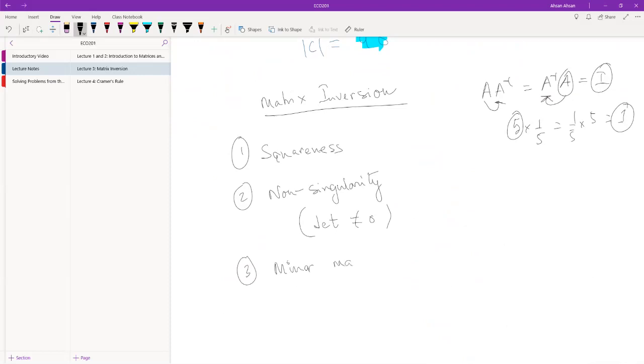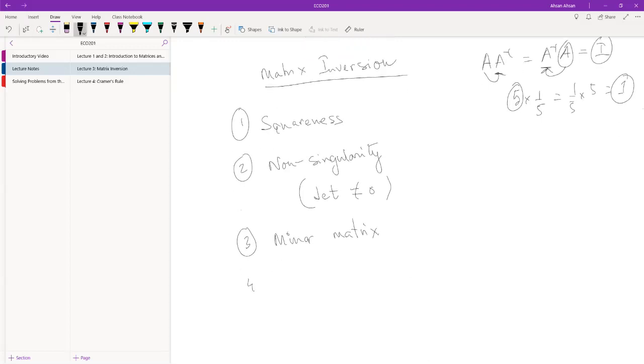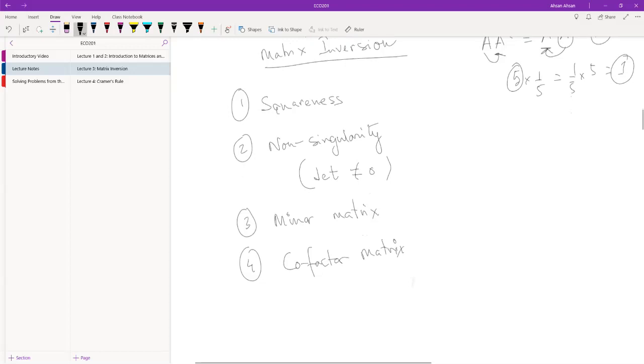Okay, so once we have checked for singularity, what we have to do is calculate something called a minor matrix. We haven't discussed this yet. We will come to this. After this, from the minor matrix, we calculate something called the cofactor matrix. Okay.